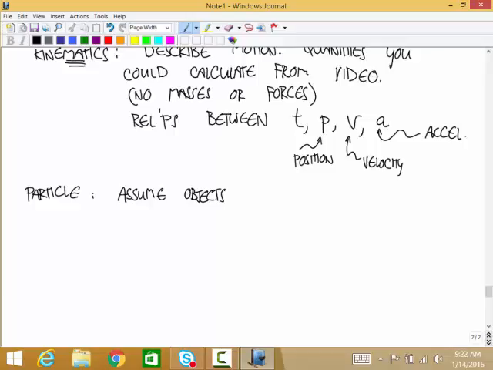Think about something that has no length dimension. It just exists at a point. It could have mass. It could be 50,000 kilograms, but we're treating it like it just exists at a little point. And if it doesn't extend in any direction, there's no way to make distinctions about what its orientation is. So we're assuming objects have no length dimensions, and a consequence of that is we're only worried about how its location changes. We're not worried about orientation.